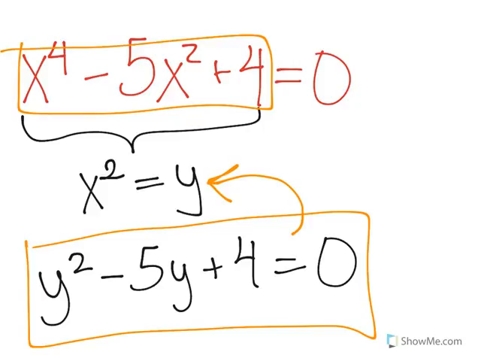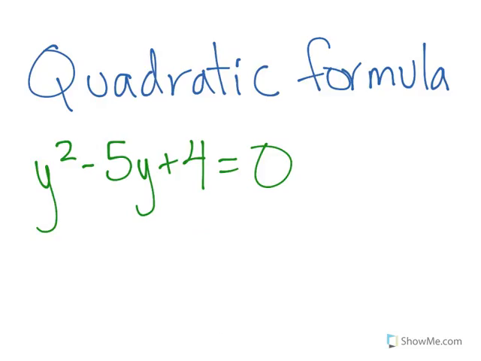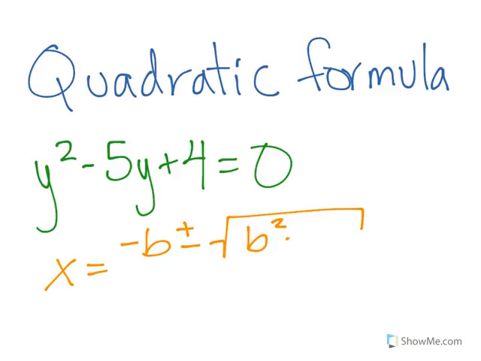So now let's work first with the quadratic formula. So here we have y squared minus 5y plus 4 is equal to 0. And if you remember, the quadratic formula is x is equal to negative b plus or minus the square root of b squared minus 4ac, all of this divided by 2a.